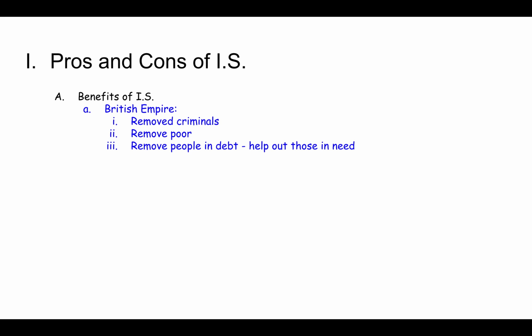So it helped those in need of working off their debt. And Roman numeral 4, lowercase, it expanded the size of the empire. So now Great Britain could compete with France and Spain, having a colony and then populating it with indentured servants.